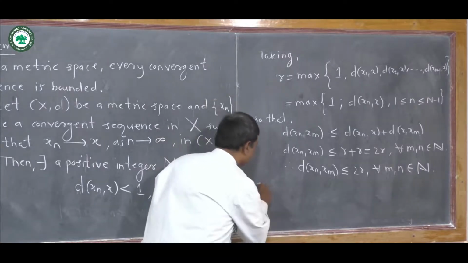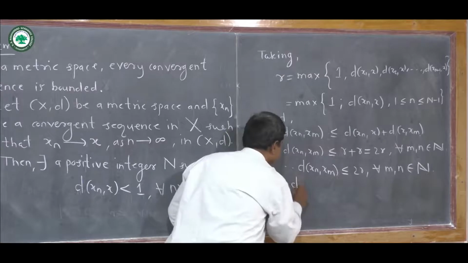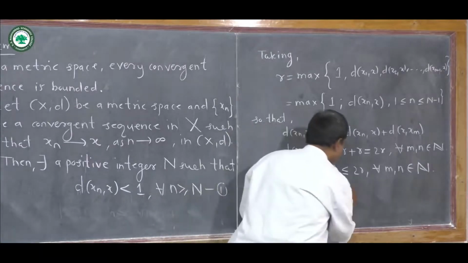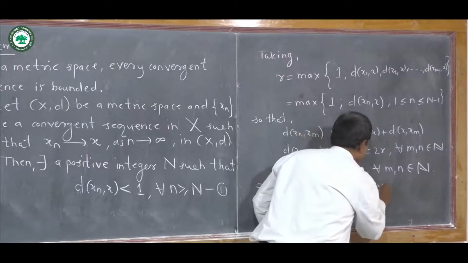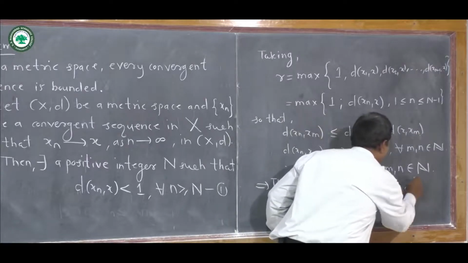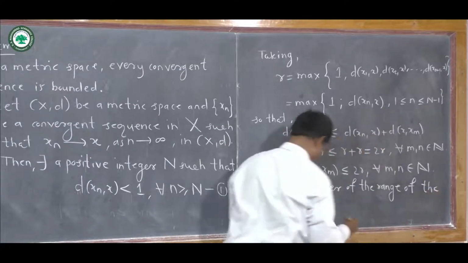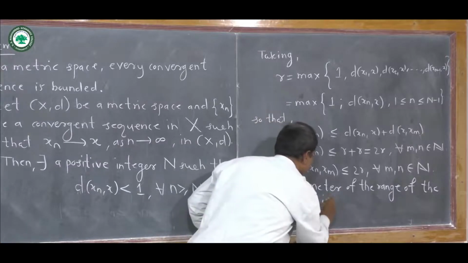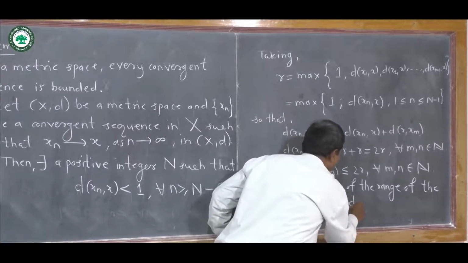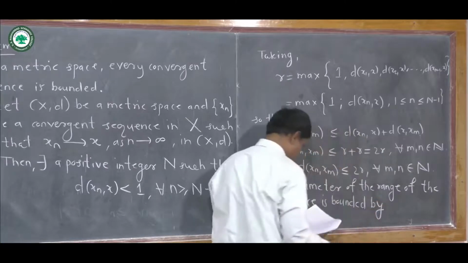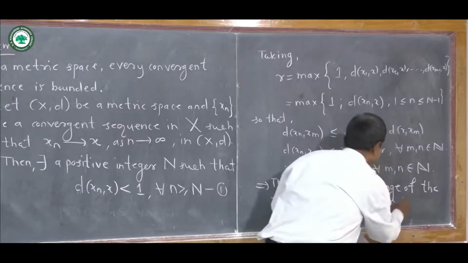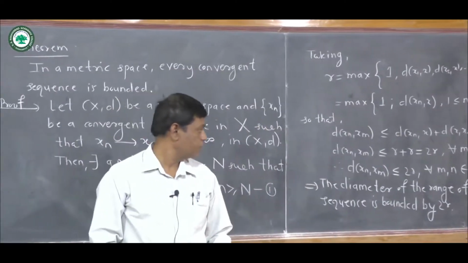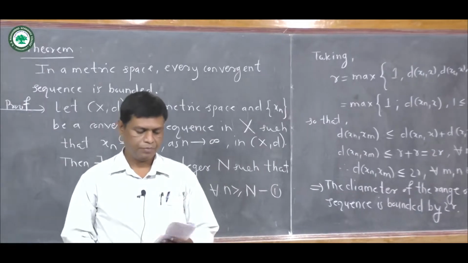So this implies that the diameter of the range of the sequence is bounded by 2r. Therefore we get that every convergent sequence is bounded.